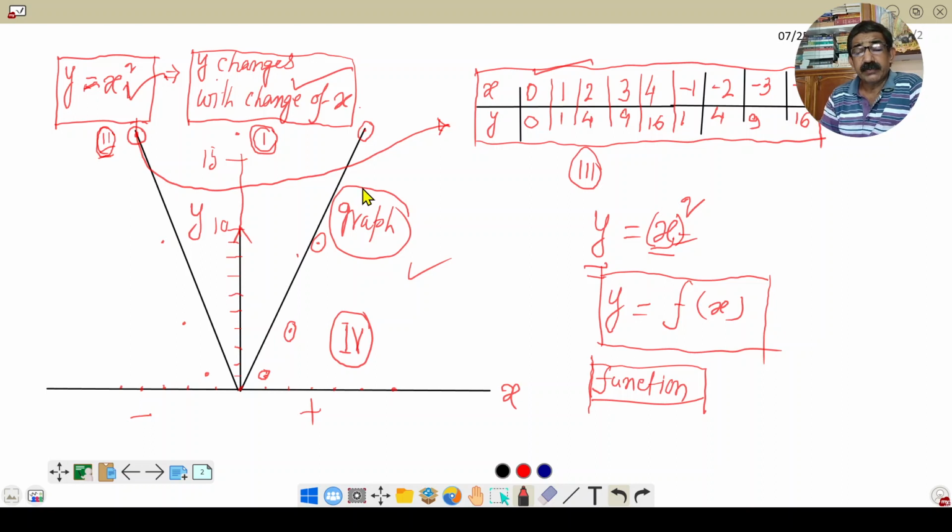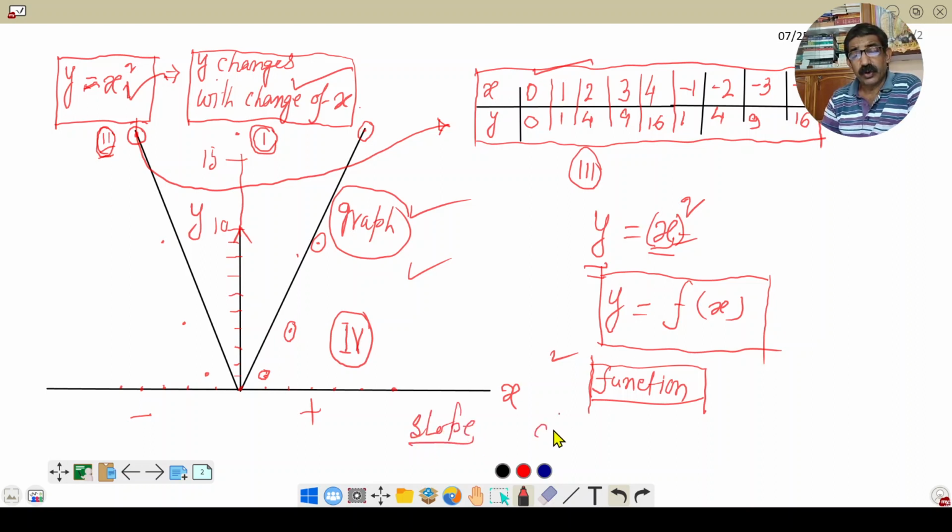Actually, our aim is to study physics, and for studying physics, from quality books and some good books, you have to know the idea about function, about the graph of function, and about some more information that will be discussed in next video, that is the slope of the graph.